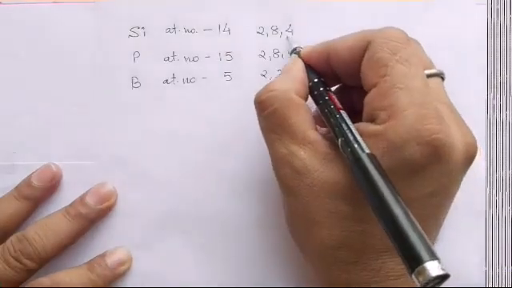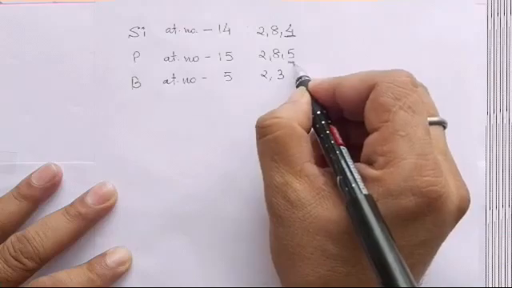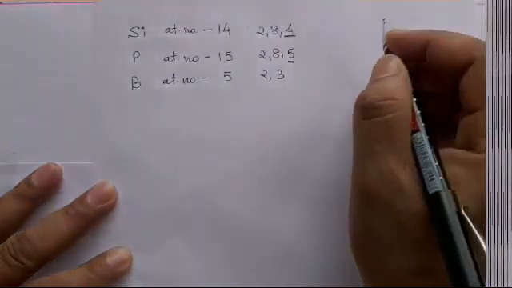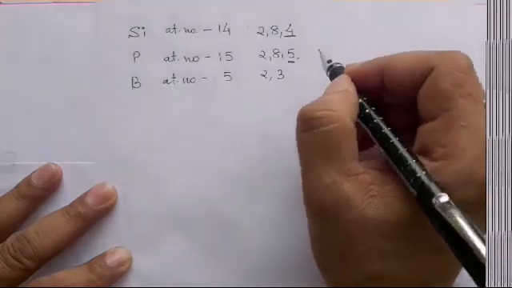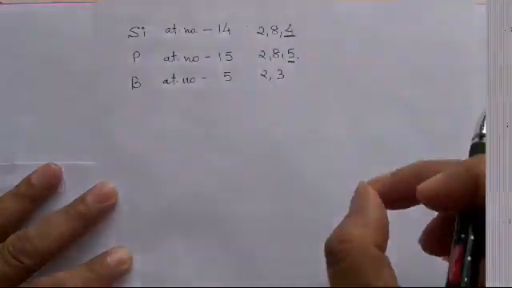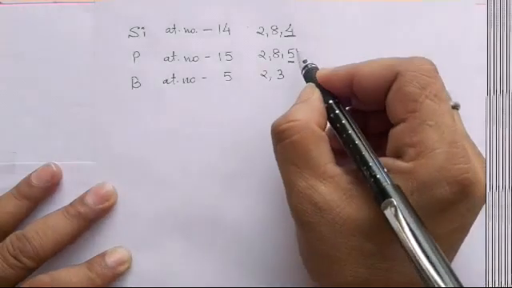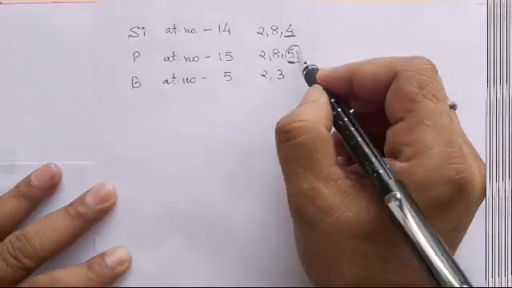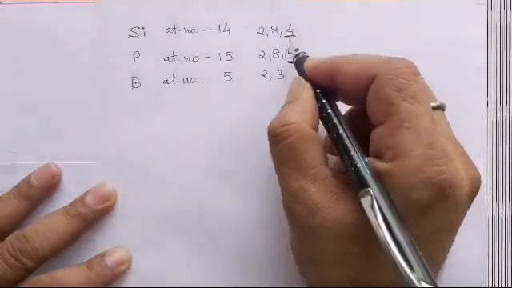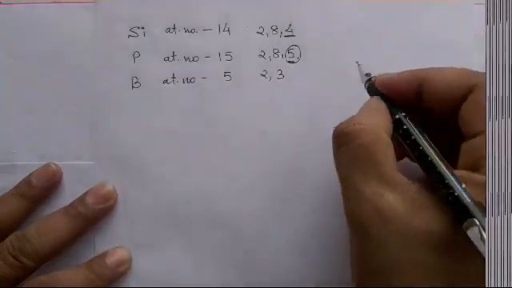Silicon has 4 electrons in its outermost shell, whereas phosphorus has 5. If into the crystal of silicon this phosphorus is added, means silicon is removed and phosphorus is put into its place, then there will be 5 electrons, and amongst those 5, 4 will be utilized to make bond with neighboring silicon.